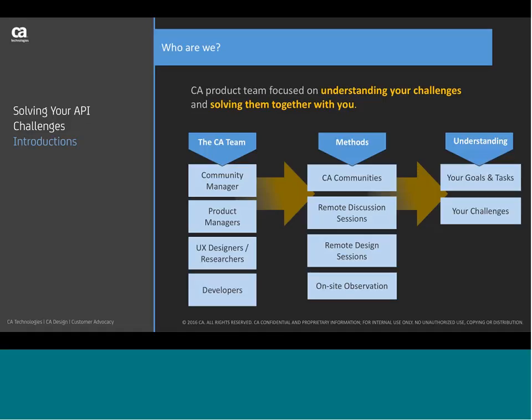Remote discussion sessions, such as this one. Remote design sessions, another method that we use to work together with you on design ideas, how the product could work for you, how it could work better, and collaborating together with you on that. And on-site observation, where we actually come to your site, observe you as you're working, and really get that in-depth understanding of how you work and how our products fit into that.